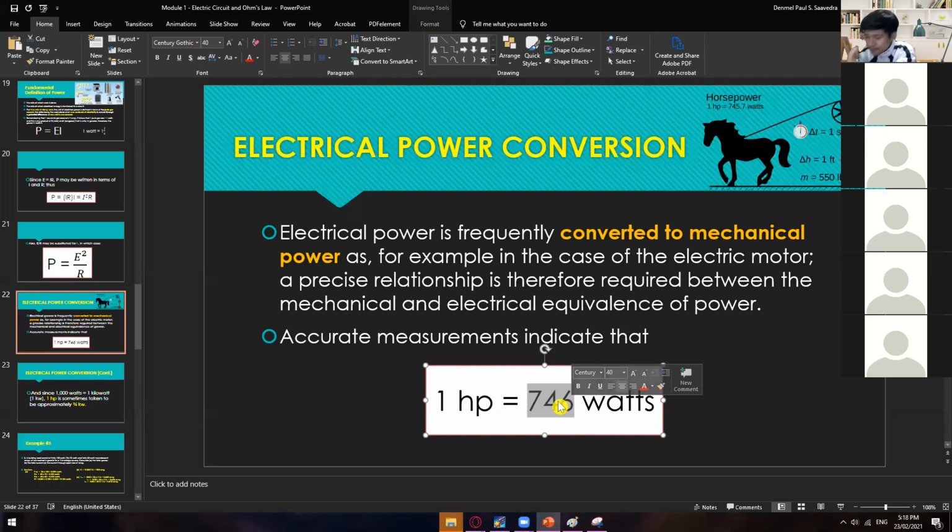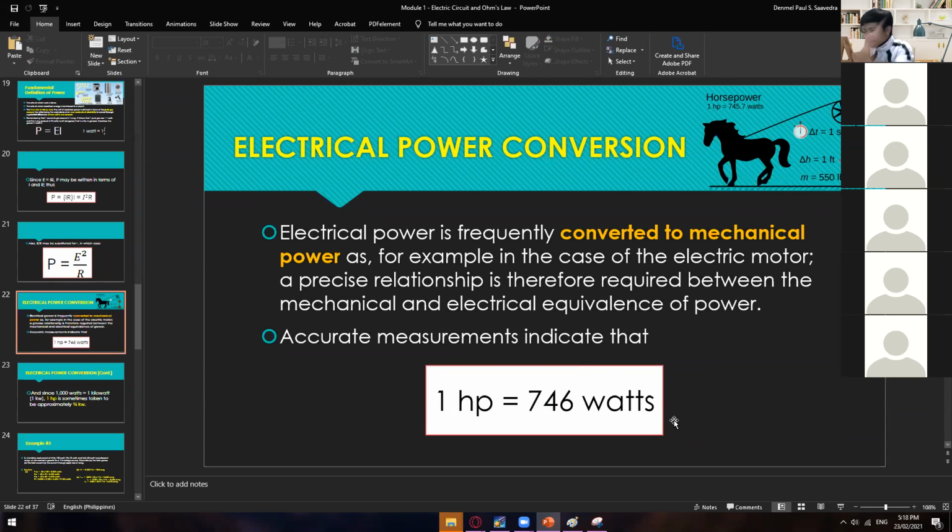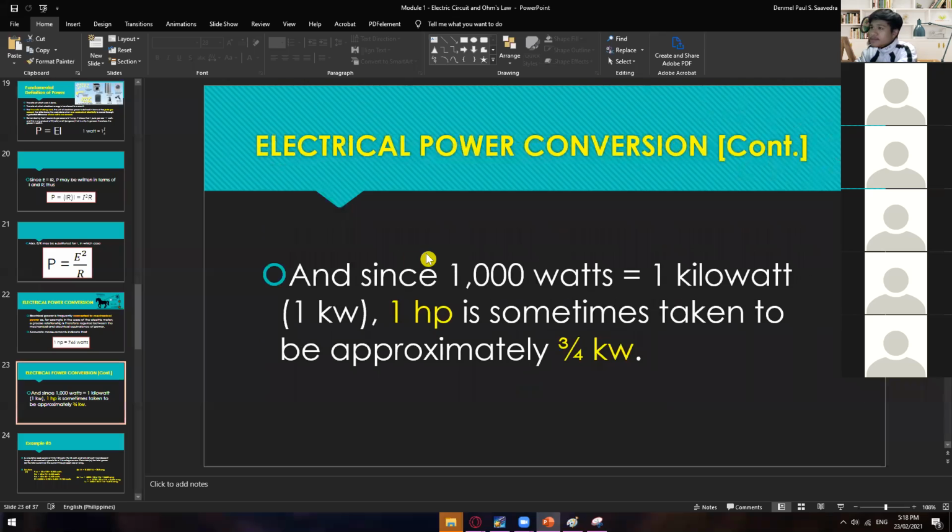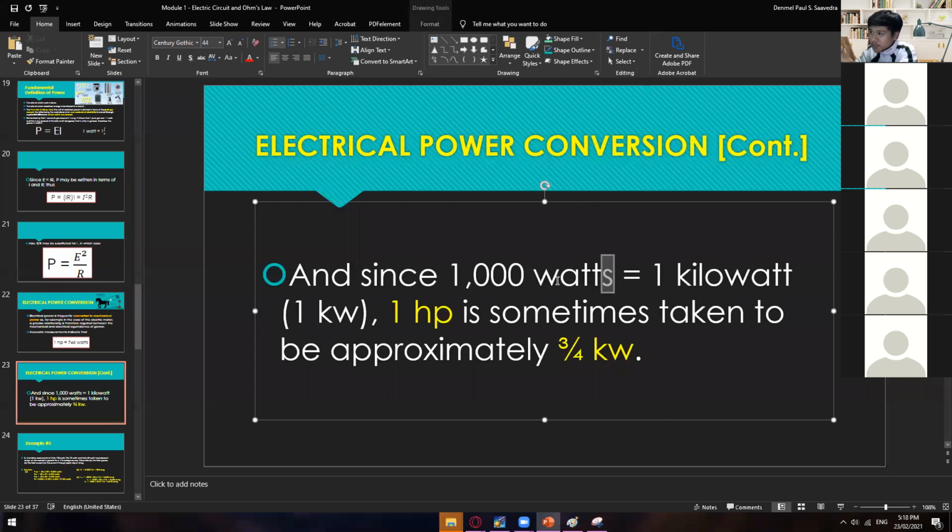What if it's 100 horsepower? What if it's 200 horsepower? It needs a very high usage of wattage. In reality, in our society, we don't actually use watts only.